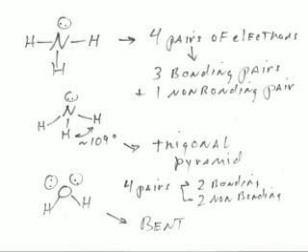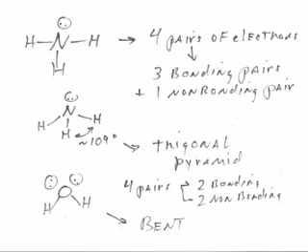We can look at ammonia. In ammonia, the nitrogen starts with 5 valence electrons, uses 3 of them in bonding to each of the 3 hydrogens, and that leaves it a lone pair. So again, we have 4 pairs of electrons around the nitrogen, but only 3 of them are bonding, and 1 pair is non-bonding.